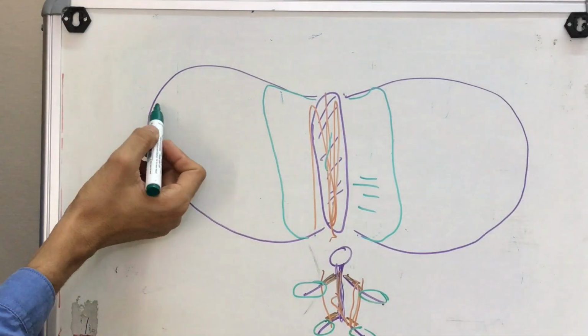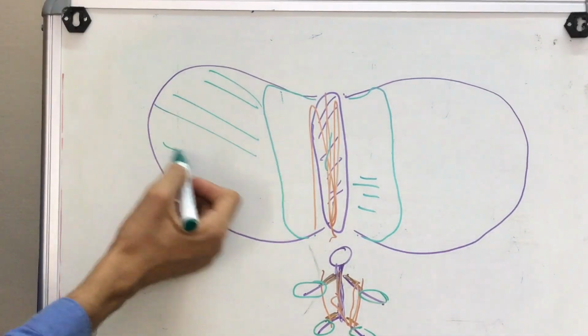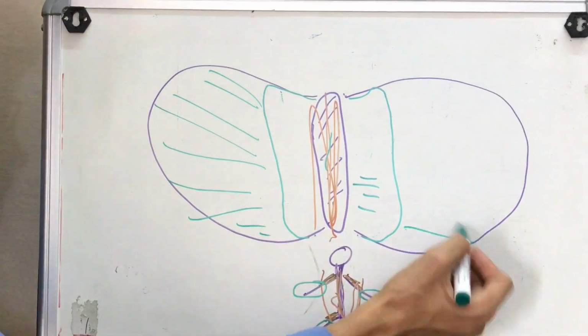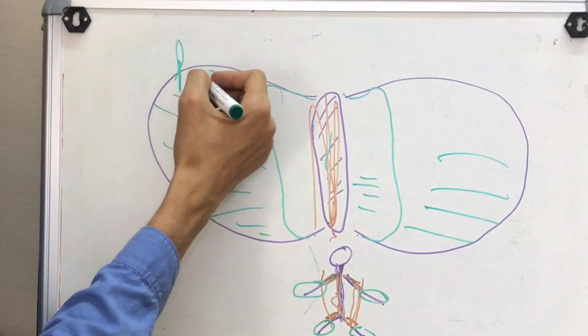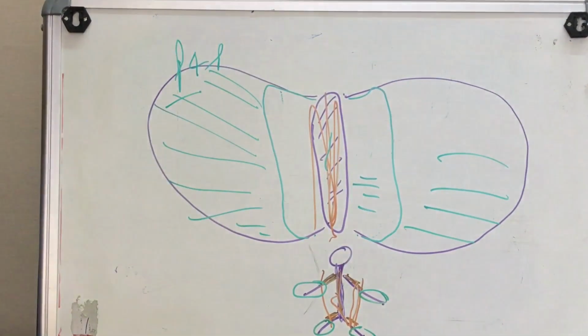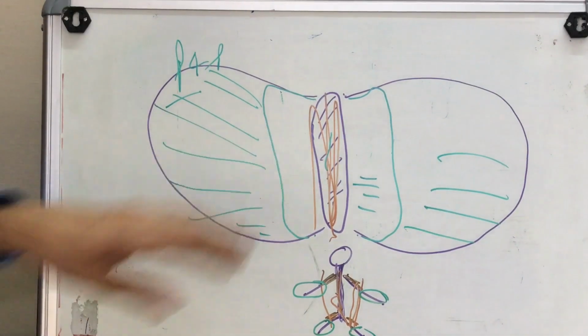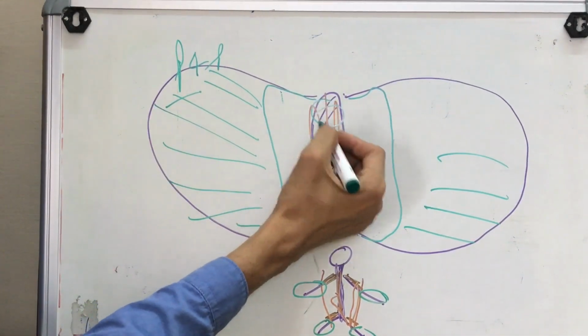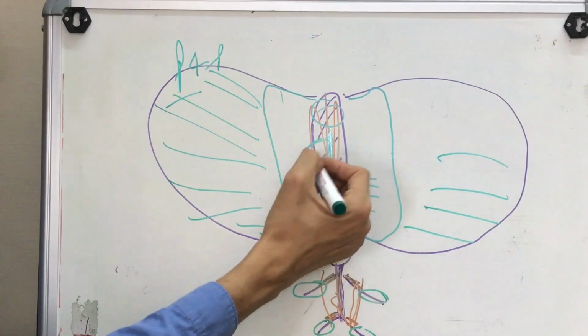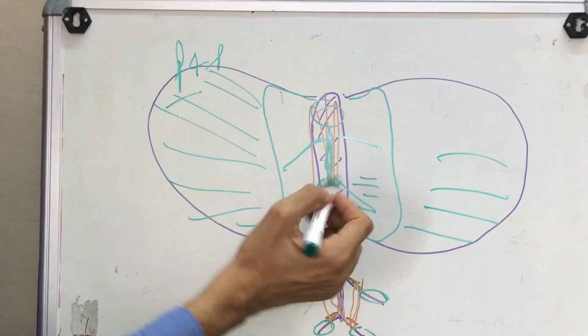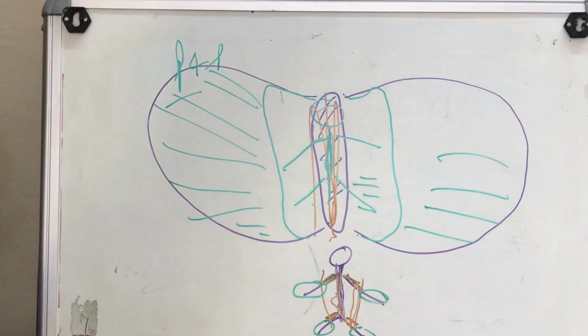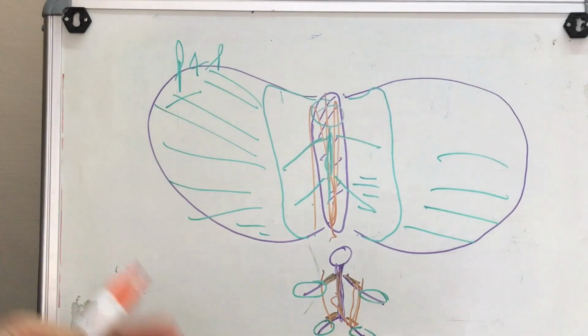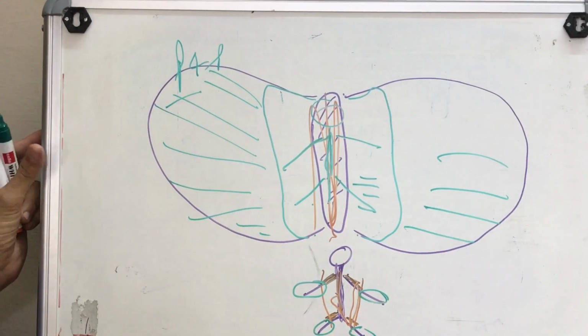Now what is the function of the remaining part, the lateral hemisphere? It helps in planning and programming. So topographically the entire body is represented in the medial-most parts, the vermis and the paravermal part, that is the intermediate hemisphere.